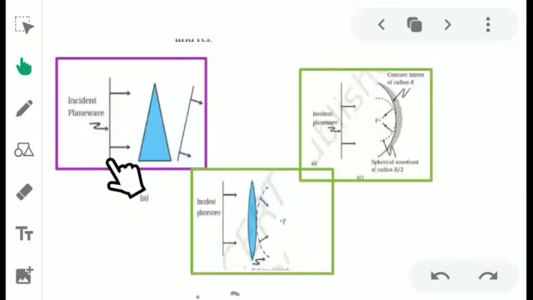Now we will see what happens when a plane wave is incident on a prism, a concave mirror and a lens. When a plane wave is incident on a prism, you know that these all are rays. The upper portion of the prism is thin, so the rays have to travel more distance through air and less distance through prism.